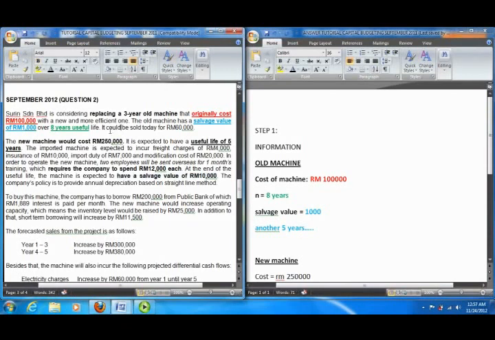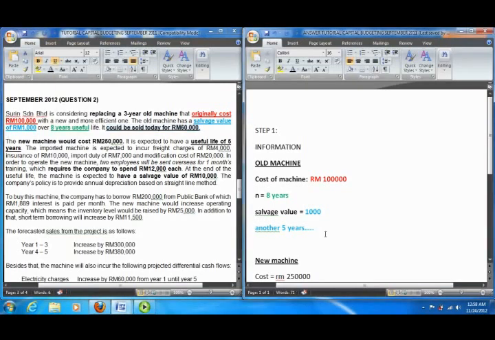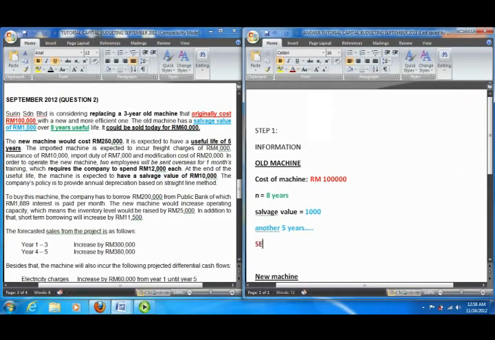Class, as you can see in the question, Surin probably will sell the machine for 60,000. You can put in your information, your selling price, RM 60,000.